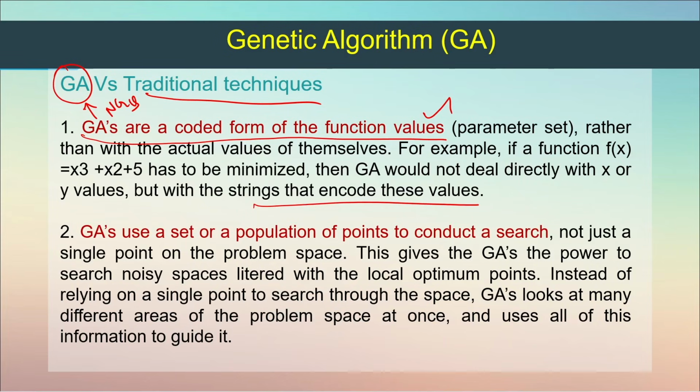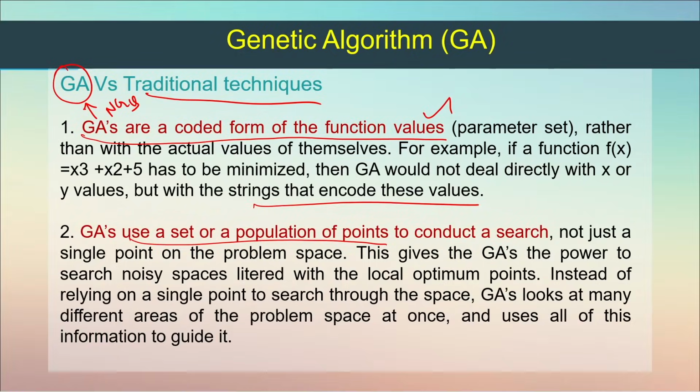Another important point is that it uses a set of population of points to conduct a search. Genetic algorithm starts with random initialization of a set of possible values. What is this random initialization? These are the values related to, let us take this function f(x) = x^3 + x^2 + 5.